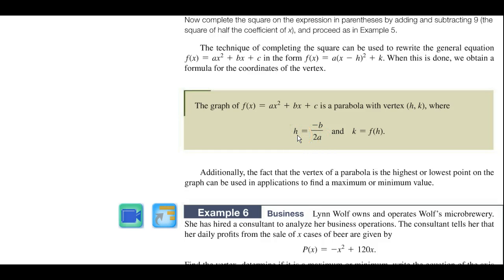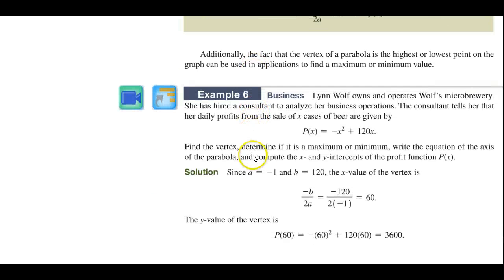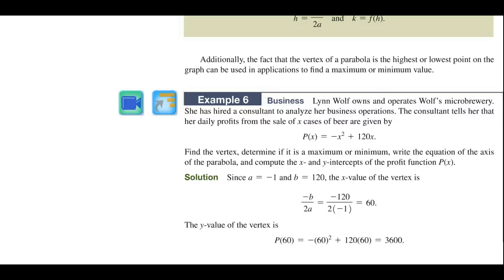The vertex is x, remember, which is what h is, negative b over 2a. And our k is just the y value. All right, you'll have some practice in this as we work on things. We wanted to show you the background of how it's derived. Let's go on to example 6 now.